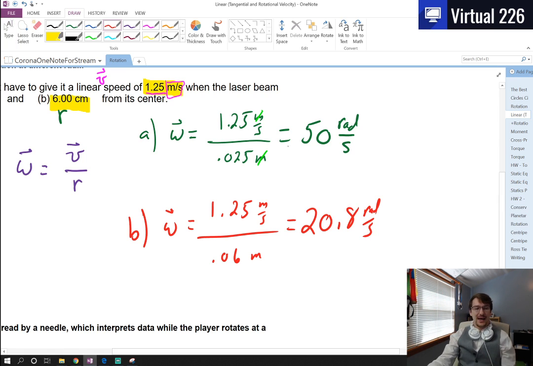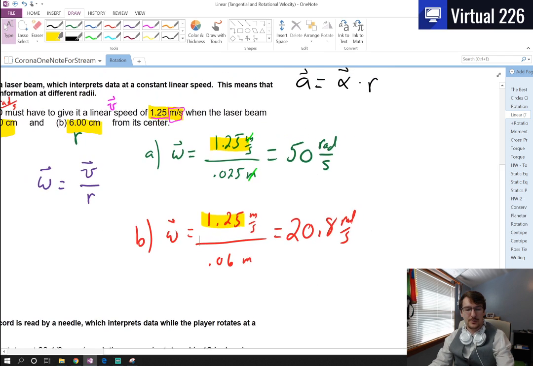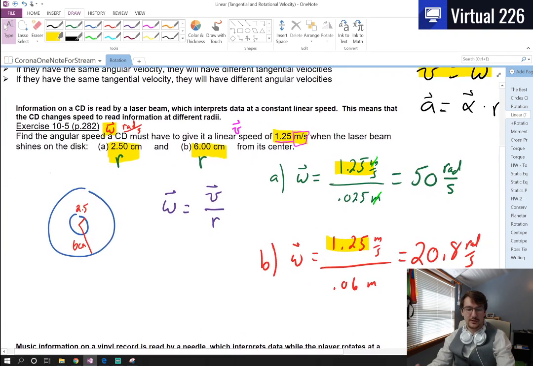So to keep a constant linear speed of 1.25, our angular speed actually went down. That's how we can approach a problem just like this. It's not too crazy what's going on: they're just linear to angular conversions or angular to linear conversions, depending on what you have and where you're going. With that, you can move back and forth between these two quantities and look at a lot of different stuff.